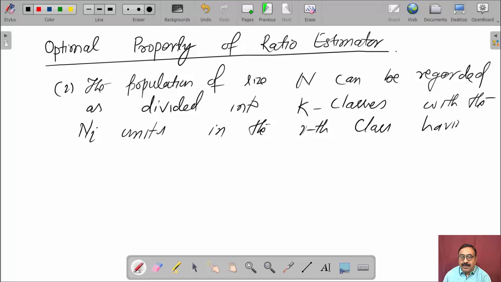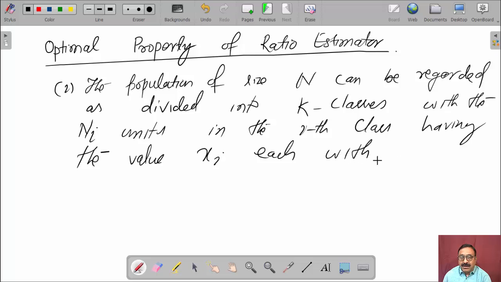Having the value xi each, with summation i equal to 1 to k of ni equal to n.